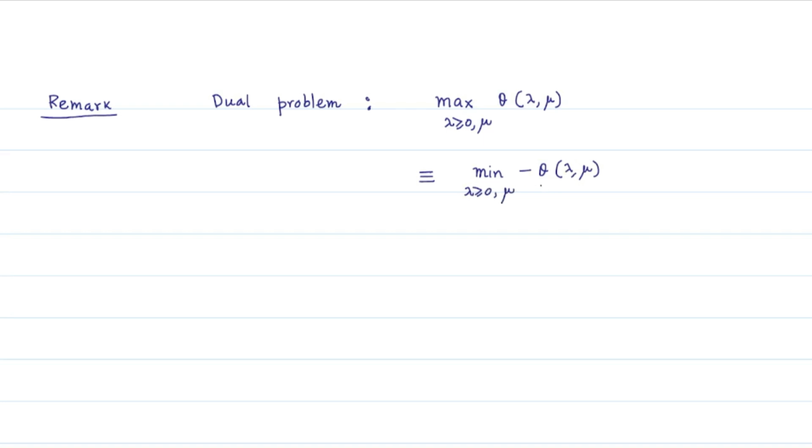Therefore this problem is a minimization of a convex function over an affine constraint set, and therefore the dual problem is a convex optimization problem. And the dual problem is a convex optimization problem for any given primal problem, irrespective of whether or not the primal problem is a convex optimization problem. The dual problem is going to be a convex optimization problem.